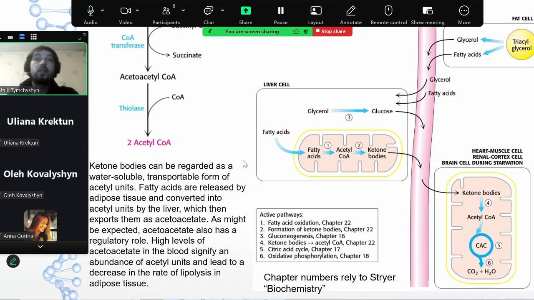And as might be expected, acetoacetate also has a regulatory role. High levels of acetoacetate in the blood signify an abundance of acetyl units and lead to a decrease in the rate of lipolysis in adipose tissue. So there is some sort of regulation, so as not to make too much or too little.